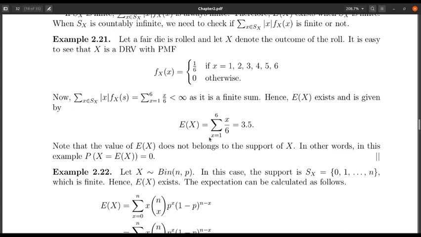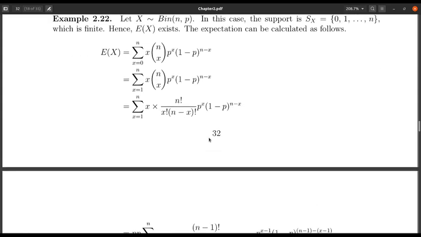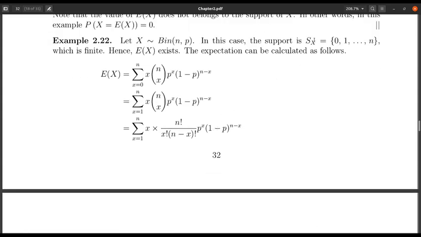Now let us see the next example, which is the binomial one, where my support is again finite. So I do not need to check the existence condition. The expectation always exists, and I can calculate it as the summation of x times nCx p to the power x, 1 minus p to the power n minus x.